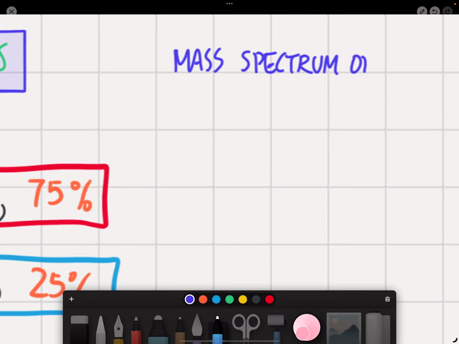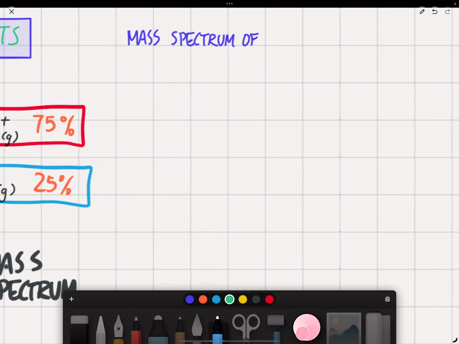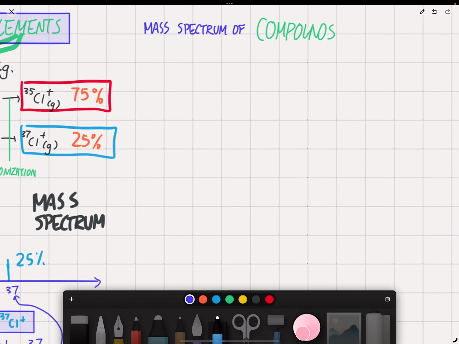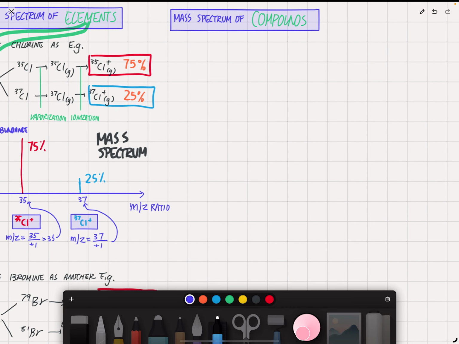of compounds. The events that a compound would experience in a mass spectrometer are similar to an element. They are also vaporization, ionization, acceleration, deflection, and detection. But unlike an element, the compound will also undergo fragmentation.